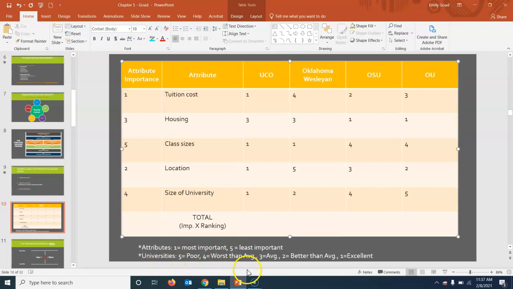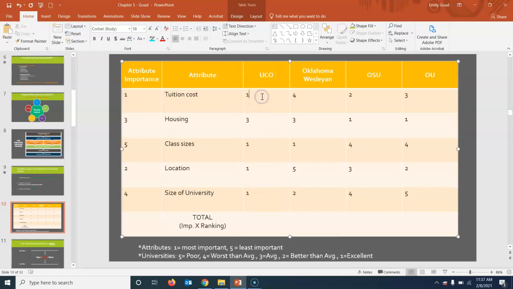So 1 being excellent, 5 being poor. So they went through and ranked on tuition, housing, and you can have 2 universities that rank the same on attributes. So you go through on each attribute and you rank the universities, or you rate them. Not rank, rate them.